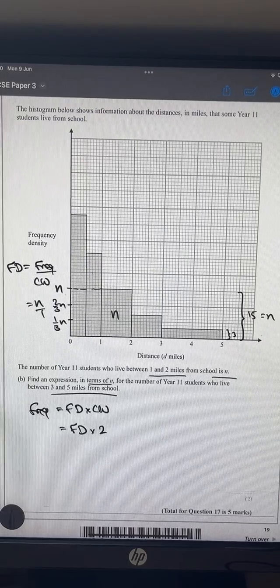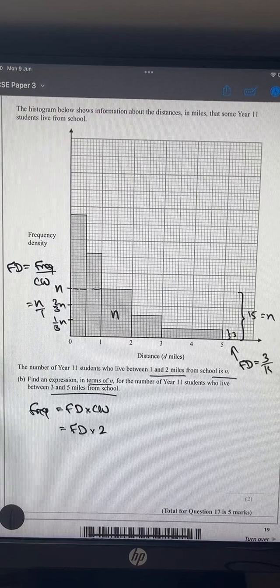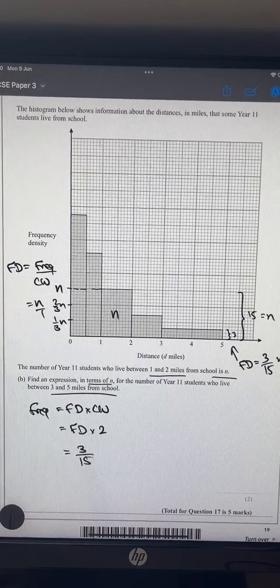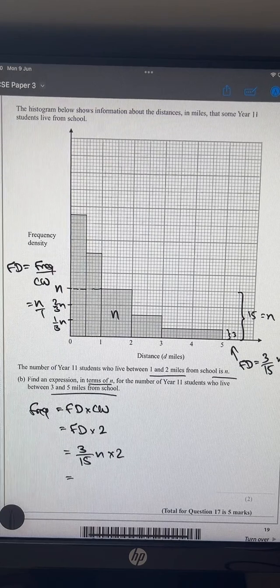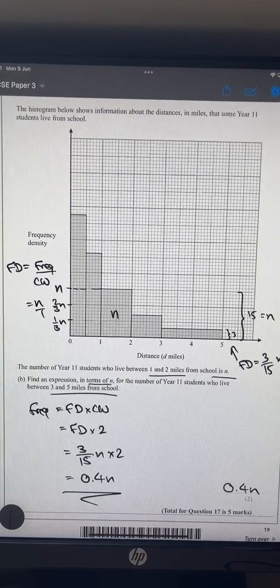So I know that this frequency density, FD, is going to be 3/15 of n, because that's just this height. So that's going to be equal to 3/15 n times 2. And I'm fine having my n there. Why? Because the question says in terms of n. So 3/15 n times 2 is going to be equal to 0.4 n as a decimal. So that is what your answer would be, 0.4 n.